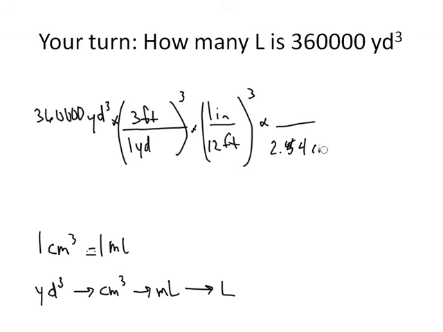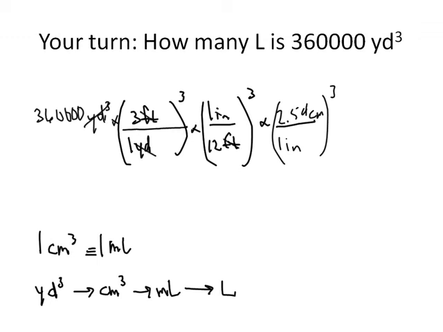Here we go, get rid of this, because look, I was trying to put centimeters on the bottom, clearly where it did not go. Okay, 1 inch equals 2.54 centimeters cubed, which takes me to cubic centimeters. See, look, yards went away, feet went away, inches went away, I have centimeters cubed.